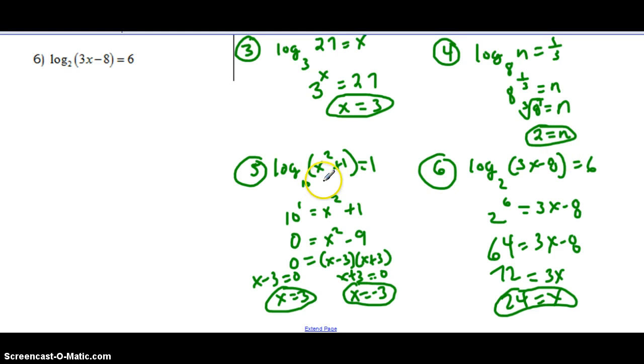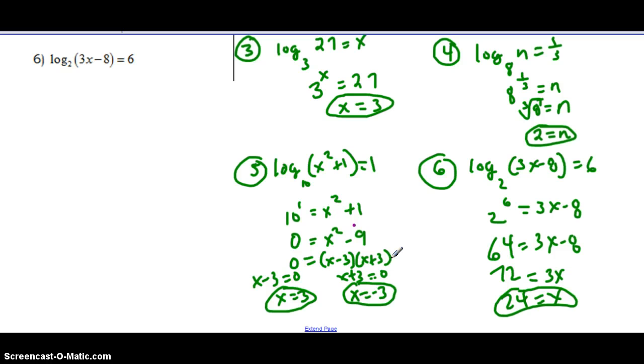For number 5, you'd start just by converting to exponential, and we have 10 to the first power is equal to x squared plus 1. And then to solve the quadratic, we have to move everything to one side and set equal to 0. Subtracting 10 would leave us with x squared minus 9, which we can factor to x minus 3 and x plus 3.